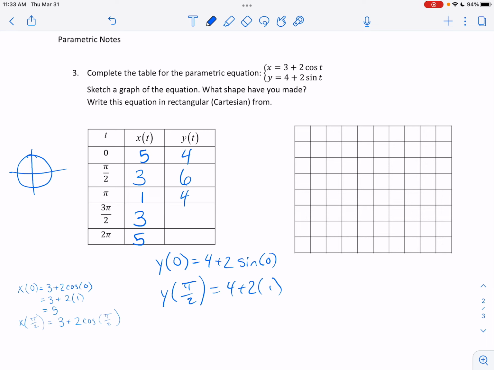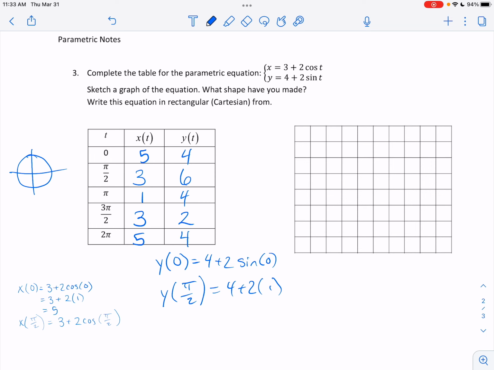At 3 pi over 2, this becomes down here. That's -1, so I have a -2 plus 4 gives me a positive 2. And then I come back to 2 pi. The sine value of 2 pi is 0. That's gone, and I'm just left with 4.